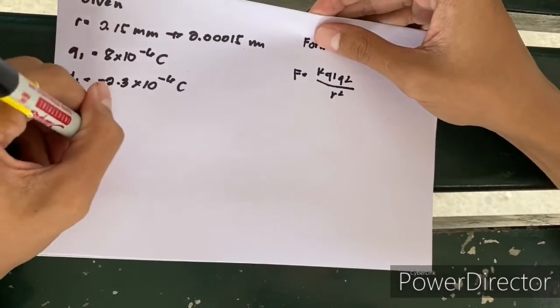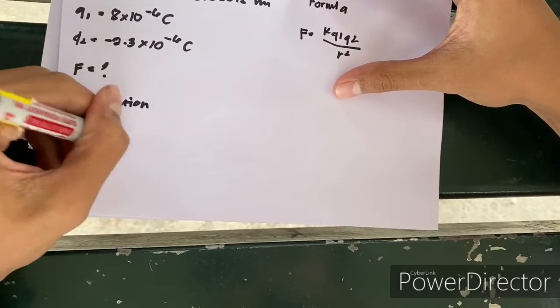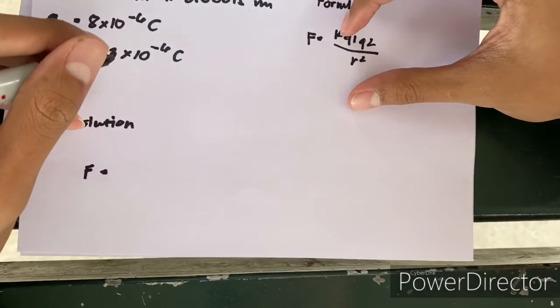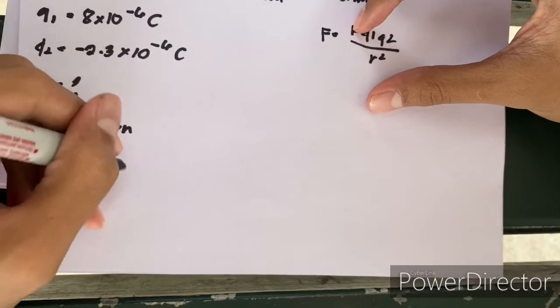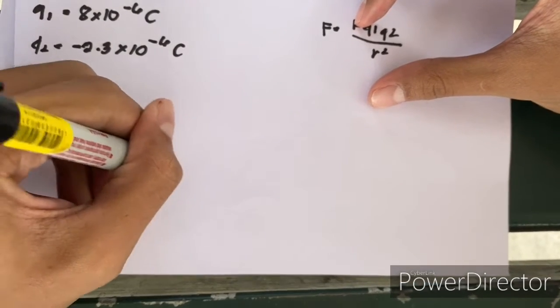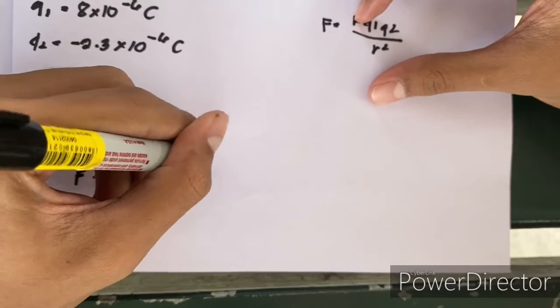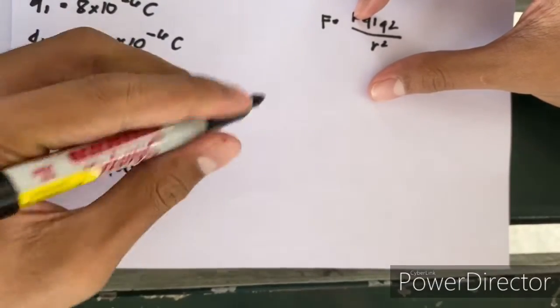Solution: F equals k, where the value of k is 9 times 10 raised to 9 newton meter squared over coulomb squared.